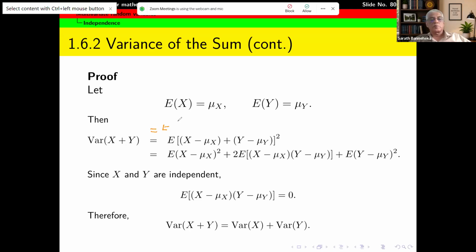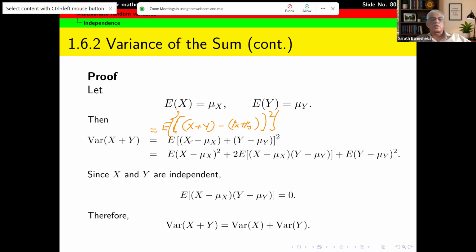So this has to be expected value of x plus y minus mu x plus mu y, and then I'll put that bracket here, square. So the random variable minus the mean of that, squared. So that is what you have here, but we are considering x minus mu x plus y minus mu y, squared.